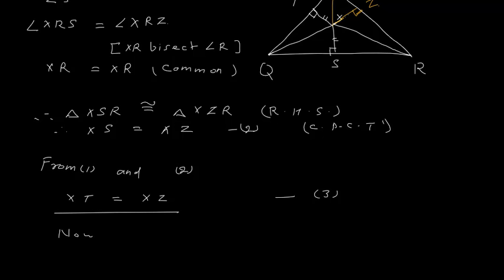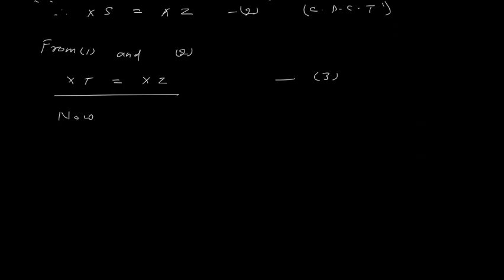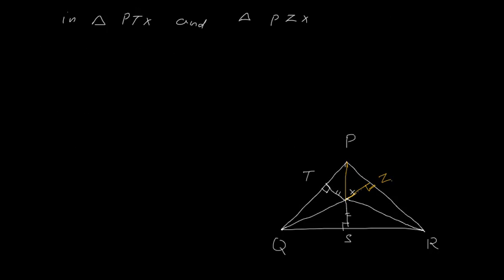Now we will take triangle PTX and PZX. In triangle PTX and triangle PZX, we have angle T is equal to angle Z, each 90 degrees.